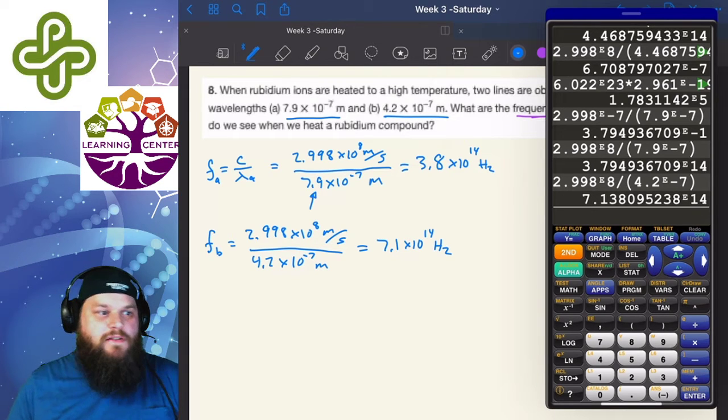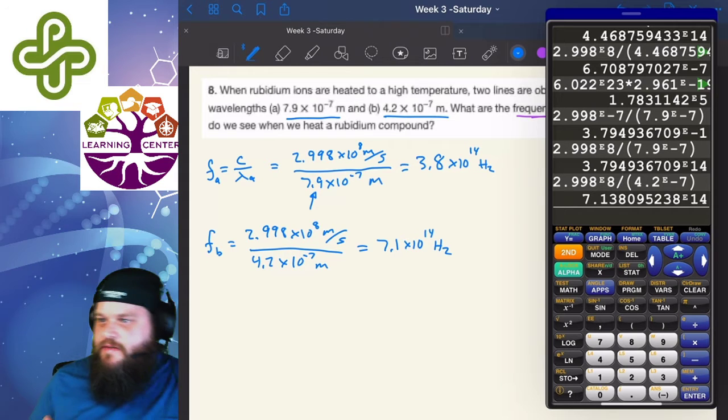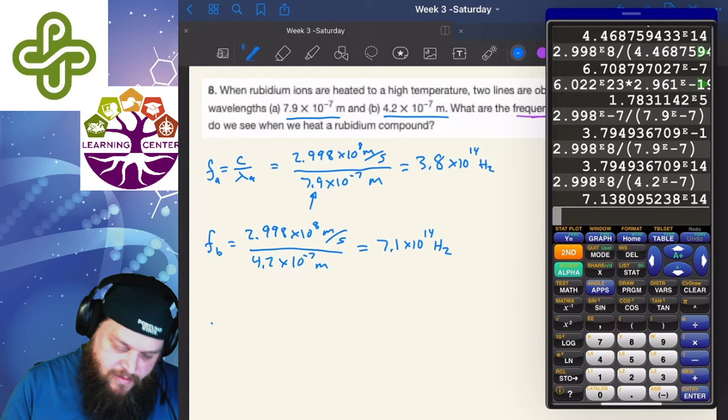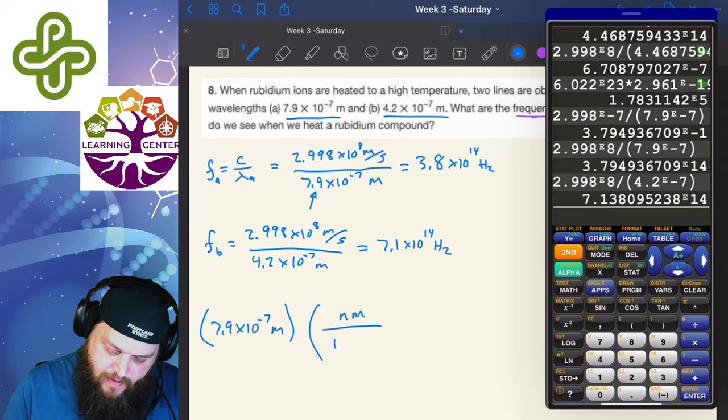And we want to know what is the color of those. What color do we see when we heat this rubidium up? We have the wavelengths already, so let's convert those into nanometers, and then we can determine what color those are based on the spectrum. So that's 7.9 times 10 to the -7 meters, multiplied by my nanometer conversion, 10 to the -9 meters.